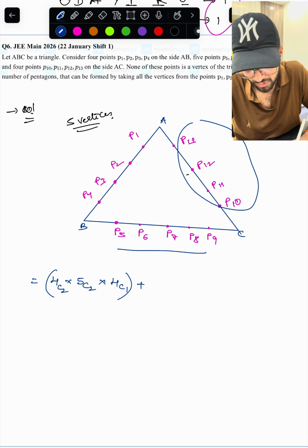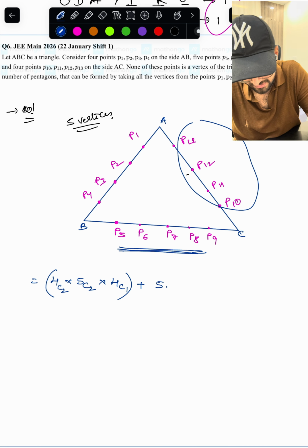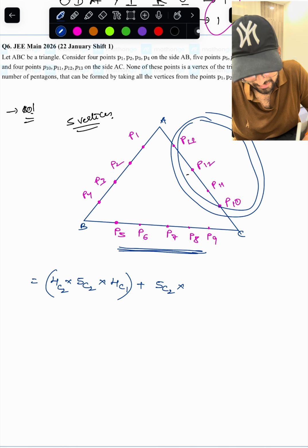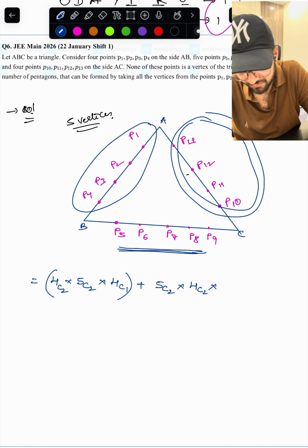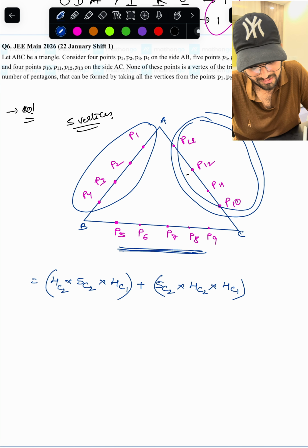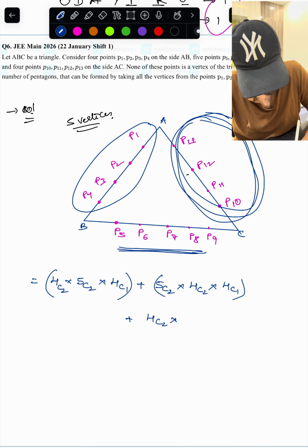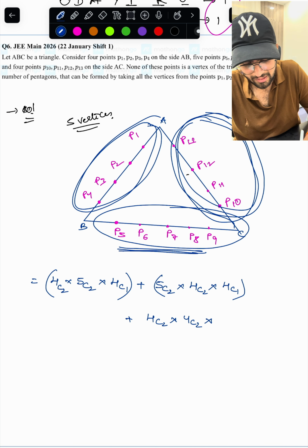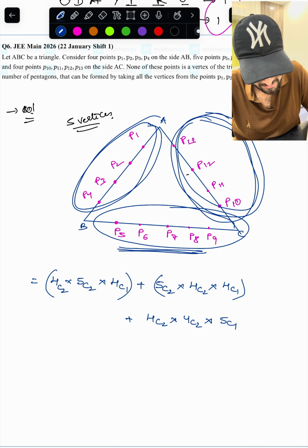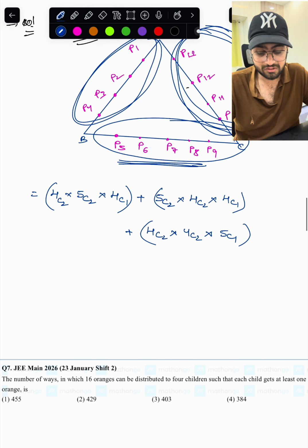Plus another possibility is I can select any 2 from BC, which is 5C2, and any 2 from AC, which is 4C2, and any one from AB, which is 4C1. This is also another possibility. Plus another possibility is I can select any 2 from AC, which is 4C2, any 2 from AB, which is 4C2, and any one from BC, which is 5C1. So in these many ways pentagons will be formed.